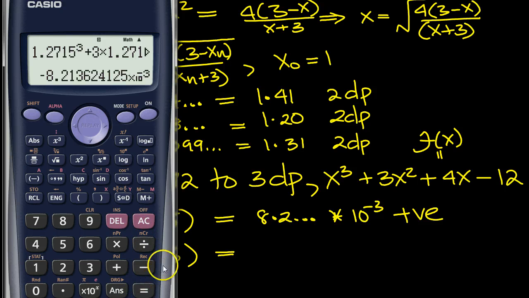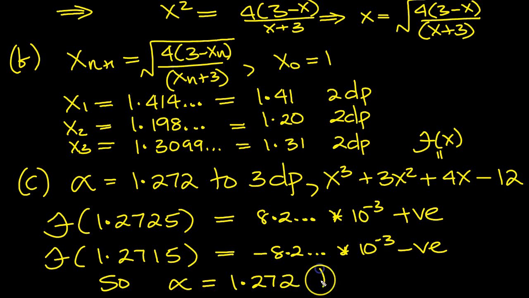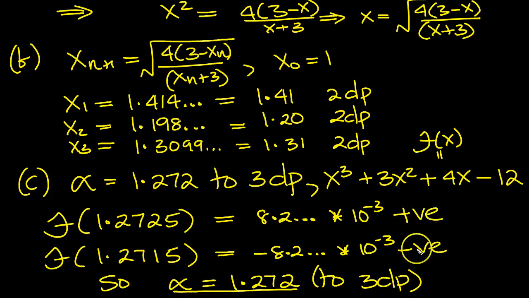Press equals. And that's minus 8.2 times 10 to the minus 3, which is negative. So alpha then must equal 1.272 to 3 decimal places. And we verified that here because they're different signs, as we said.